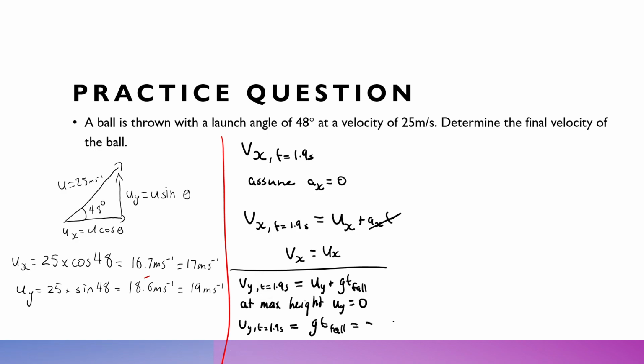This is equal to negative 9.8 times 1.9, which comes out to about negative 19 meters per second. Note that this value is negative, which means that the vector in the y-axis is going to point downwards.